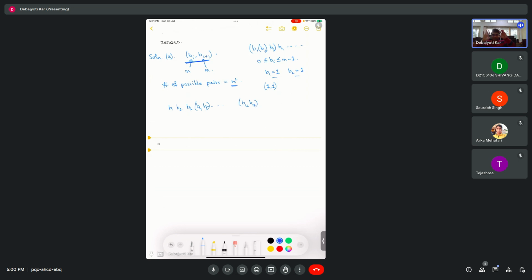So let's say the first time a repetition occurs, it is b4, b5 and b16, b17. What does this mean? This means that b4 is equal to b16 and b5 is equal to b17. But in that case, consider b6 and b18. Can we say that these two must also be the same?